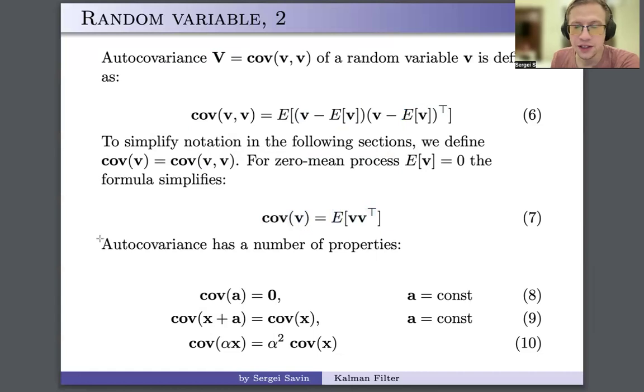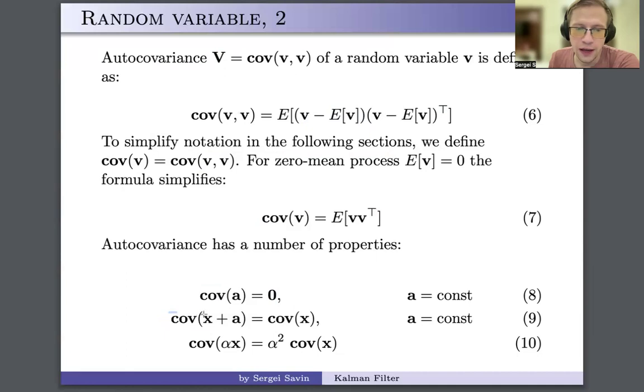So autocovariance has properties. One property is autocovariance of a constant vector is 0. Why? Well, when you take a constant vector and you subtract its mean, it's going to be 0, because mean of a constant is a constant itself. So you would have 0 there. 0 times 0 is 0.